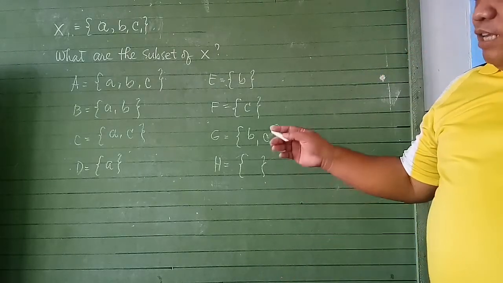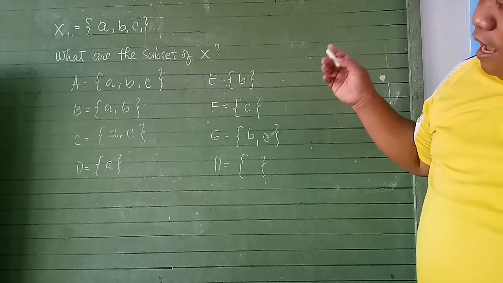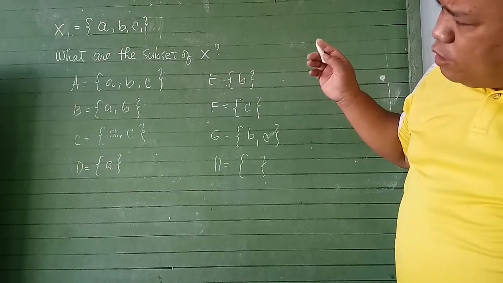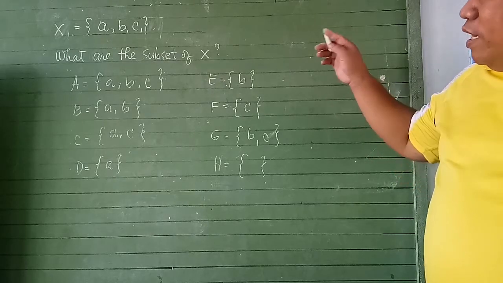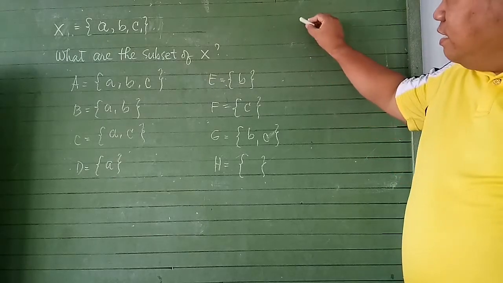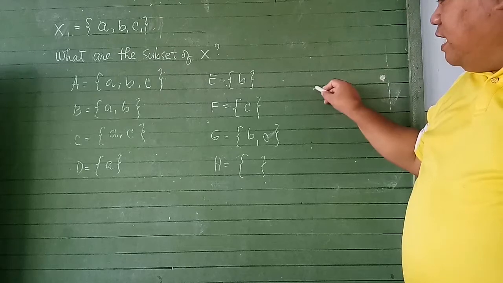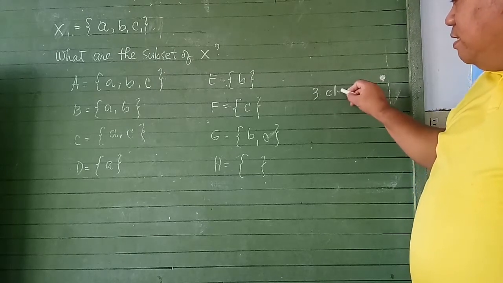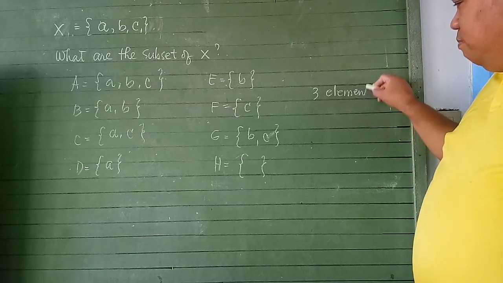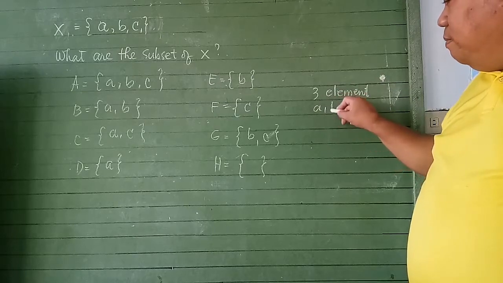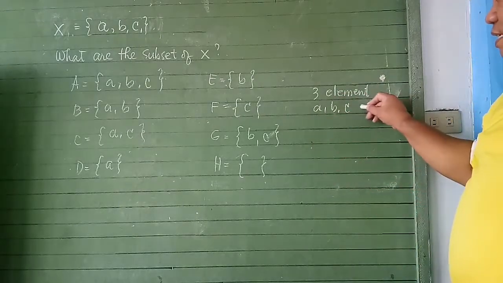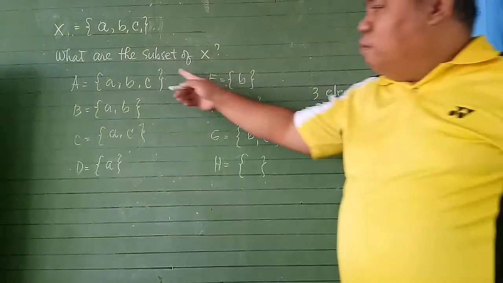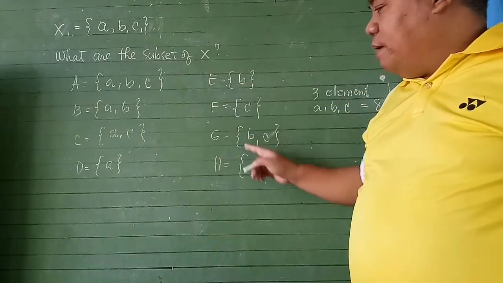So remember, did you notice paano kinukuha yung number of set? O kung ilan? So here, set X contains 3 elements. Diba? That's element A, B, and C. Tapos ilan ang kanyang subset? It contains 8 subsets. It is 1, 2, 3, 4, 5, 6, 7, 8.